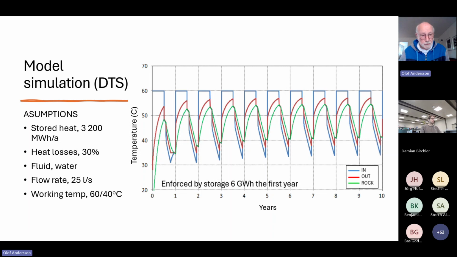We used water as a fluid, and we designed a flow rate of 25 liters per second, and a working temperature of the storage of 60 to 40.